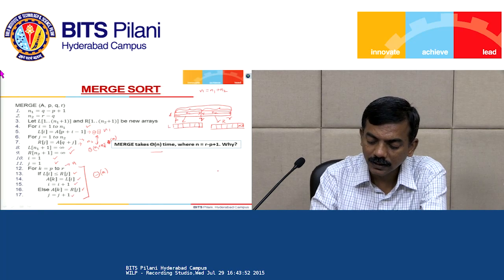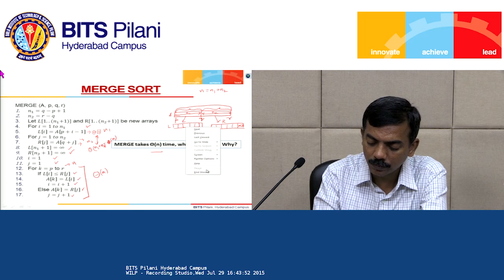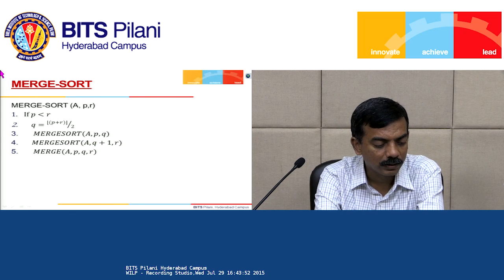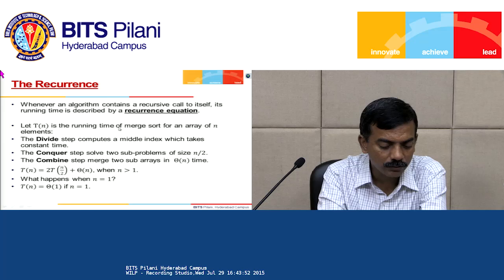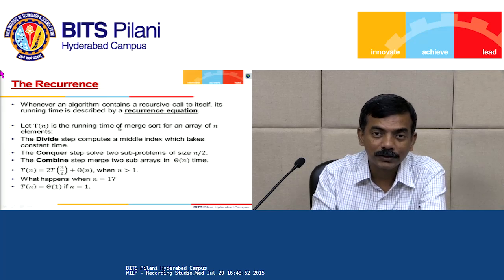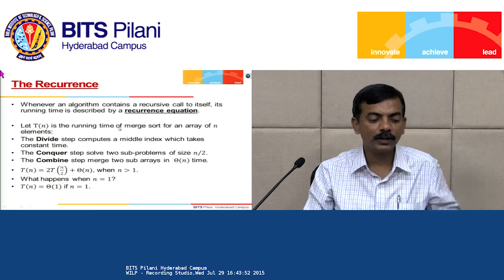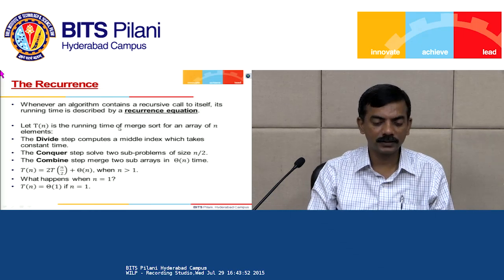So that is the time taken by the merge operation, but that's not enough. We have to compute the running time of merge sort. So now we have to figure out how much time it takes to solve the sub problems. We do that using a recurrence relation.